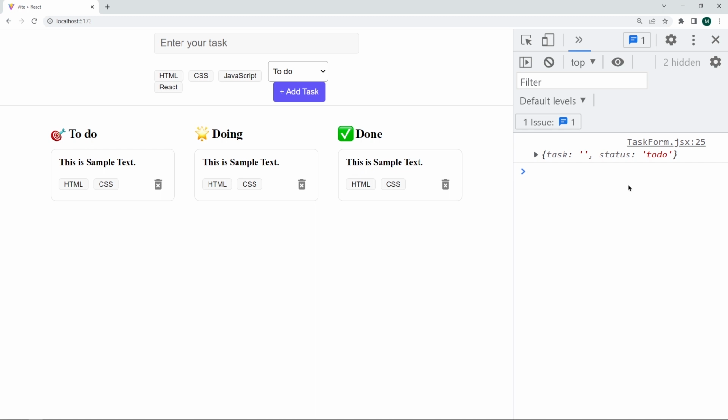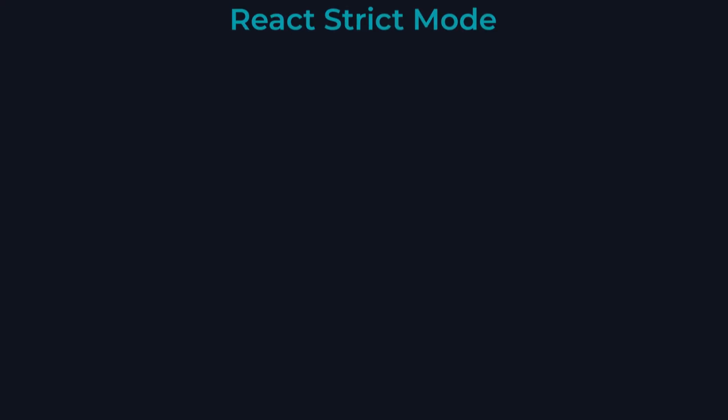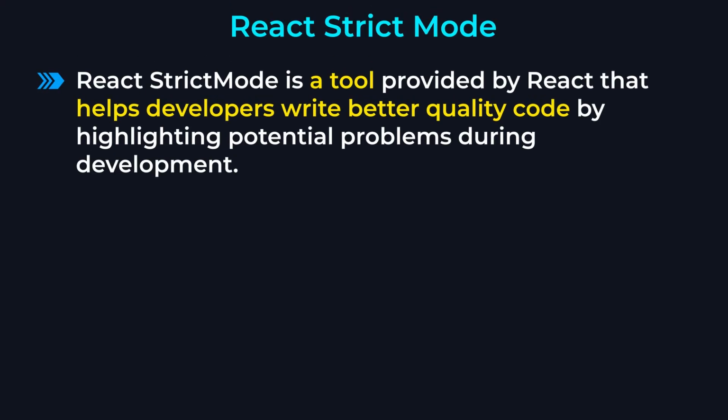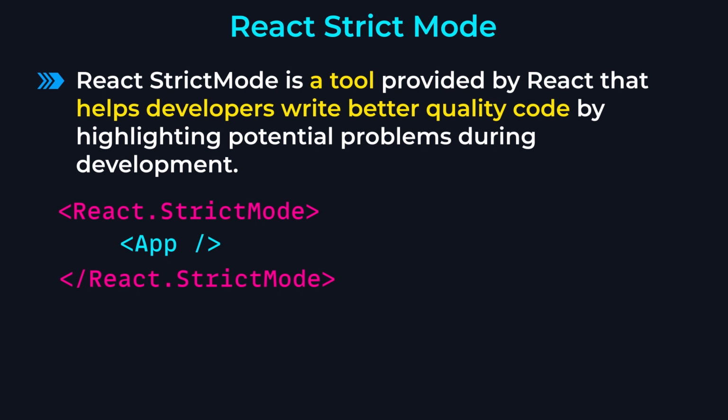But why do we need this strict mode? React strict mode is a tool provided by React that helps developers write better quality code by highlighting potential problems during development. When we wrap our application with React.StrictMode, it activates additional checks and warnings that help you identify issues before they cause problems in production.